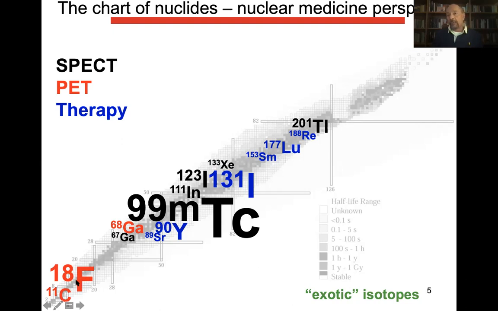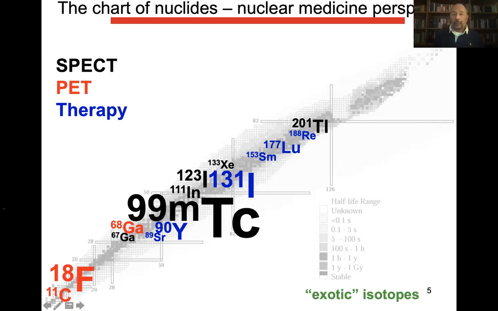It's very useful for diagnostics in PET because it can be bound to glucose, and so it identifies the areas of the body where glucose is particularly used. And since tumors use a lot of sugar, this is a very sensitive probe for tumors.